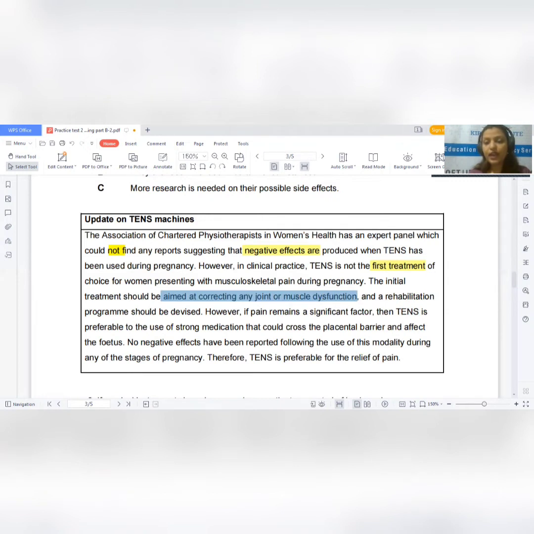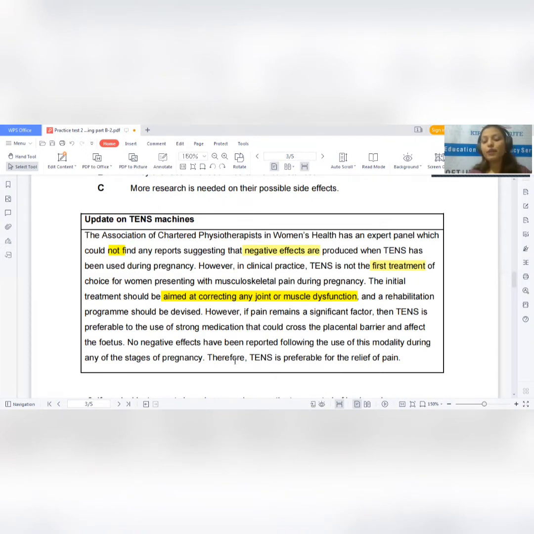And a rehabilitation program should be devised. However, if pain remains a significant factor, TENS is preferable to the use of strong medication that could cross the placental barrier and affect the fetus. No negative effects have been reported following the use of this modality during any of the stages of pregnancy.